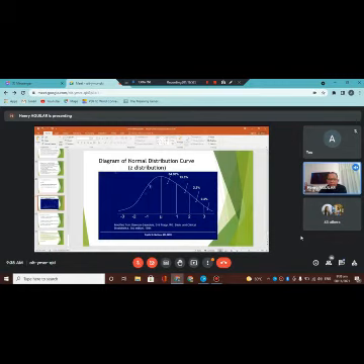So kung makita nato siya, asa man pa ang tail? Ang atong tail is more likely diri pa sa right. So ang atong mode more likely nasa right towards the tail.